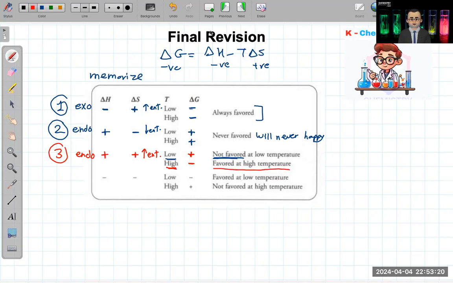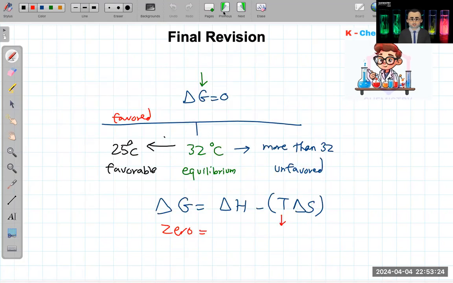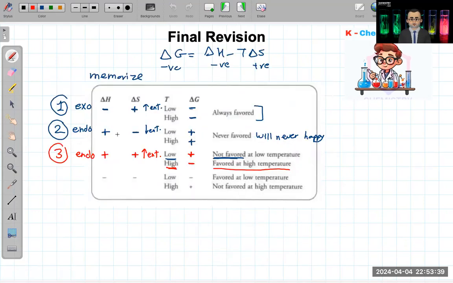Let me see. What was the case for us here? Do you remember what was the case when we had 25? What was delta H, negative or positive? In our example, what was the delta H? It was negative.